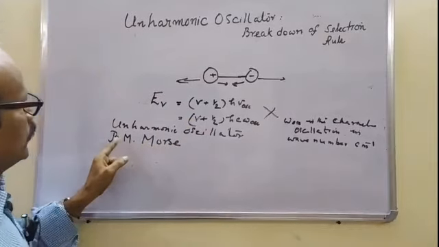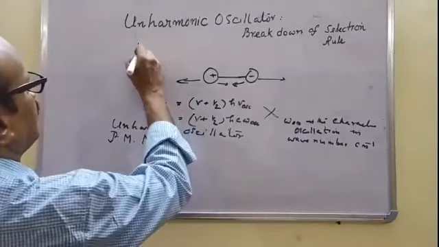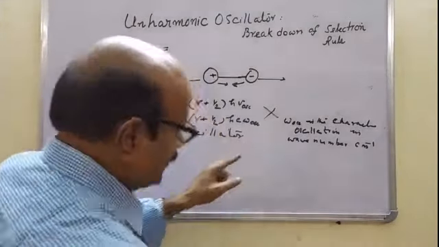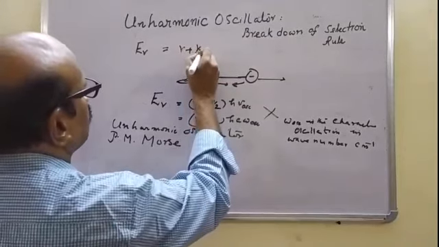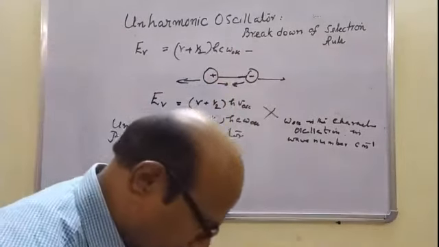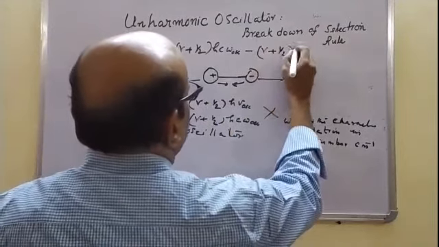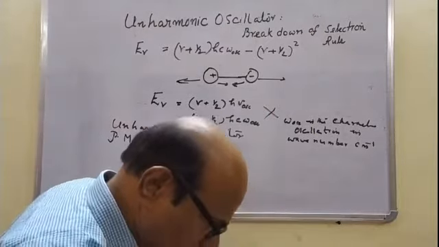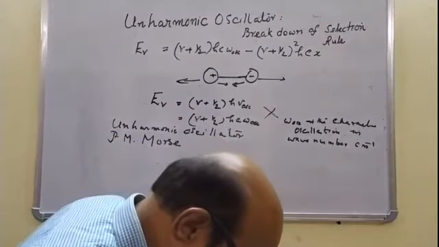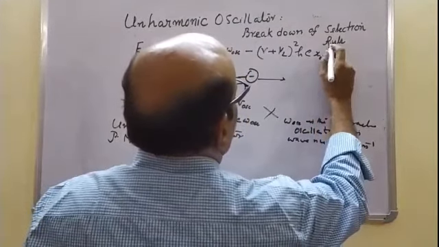So in the case of an unharmonic oscillator, the Morse equation for the energy level is E nu is equal to nu plus half into Hc omega oscillation minus nu plus half the whole square into Hcx oscillation into omega oscillation.